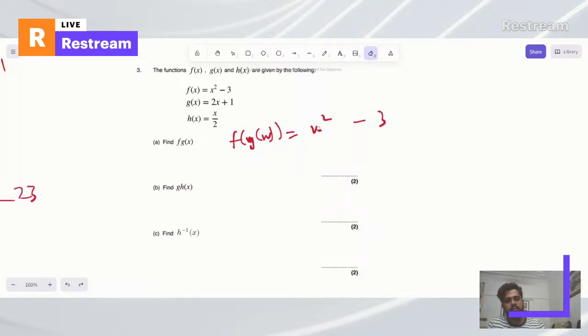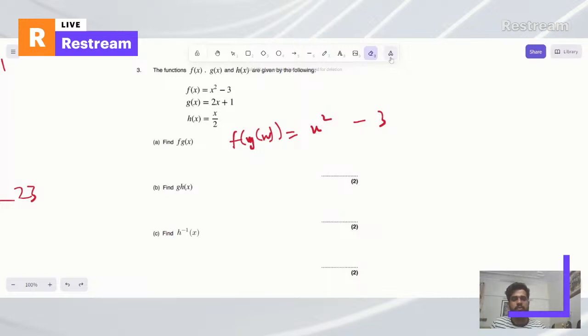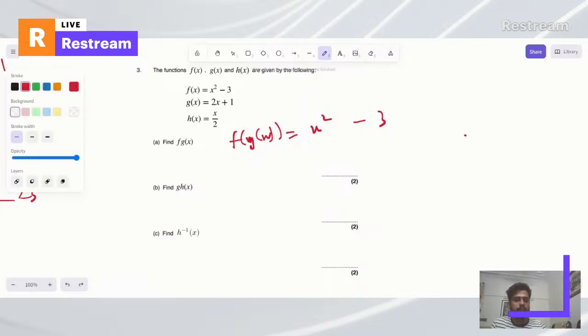Now in place of x, we're going to substitute g(x). So what's the value of g(x)? g(x) is 2x plus 1. So (2x plus 1) squared minus 3.